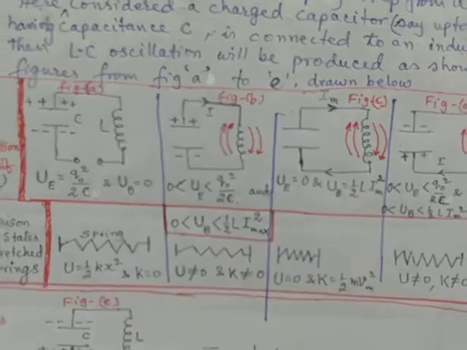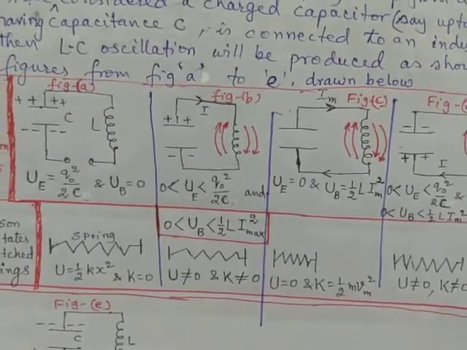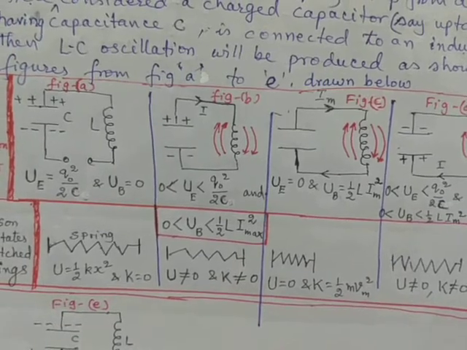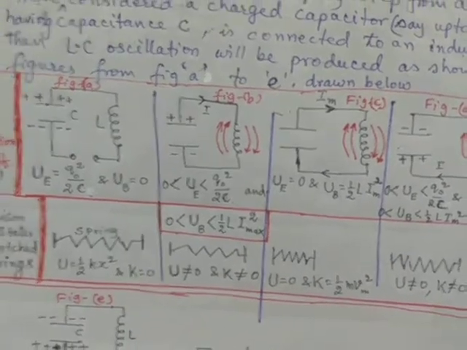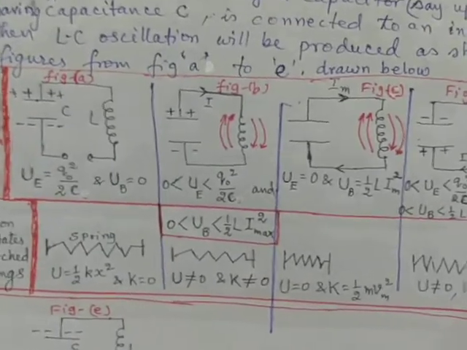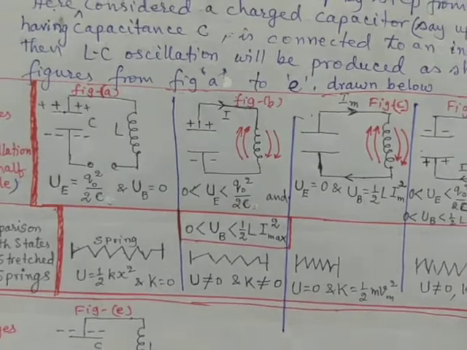Now in the second stage, the moment when we connect the capacitor with the inductance coil, current starts flowing across the inductance coil, due to which a rate of change in current takes place.